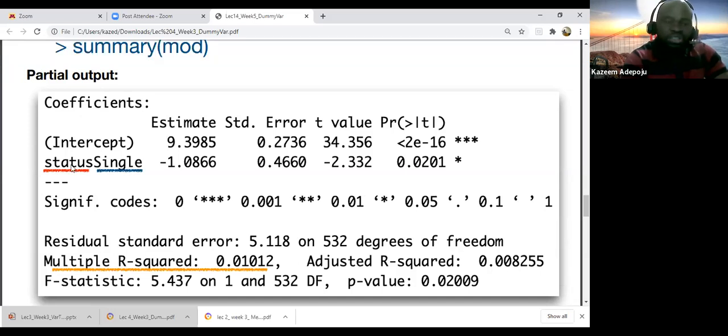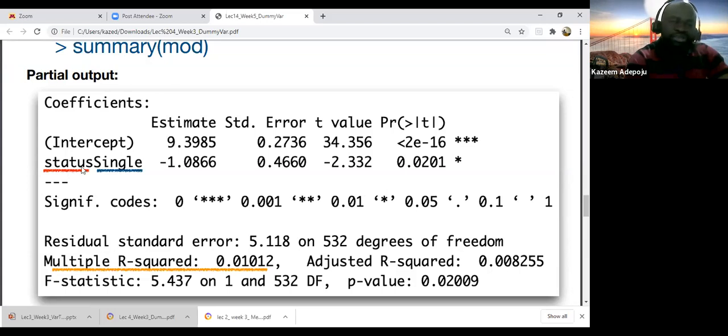Despite the fact that we have two categories, it's only going to disclose one.